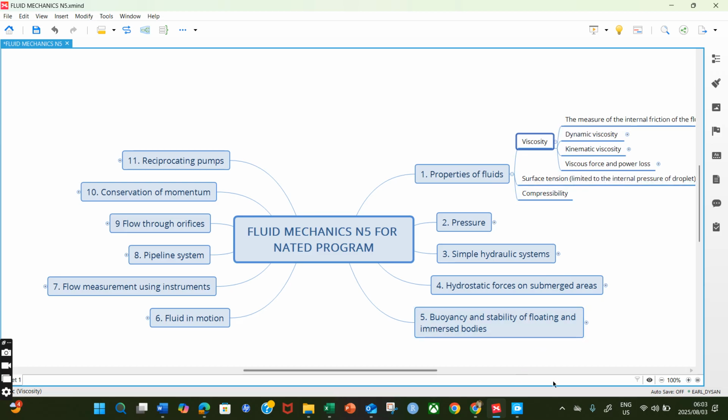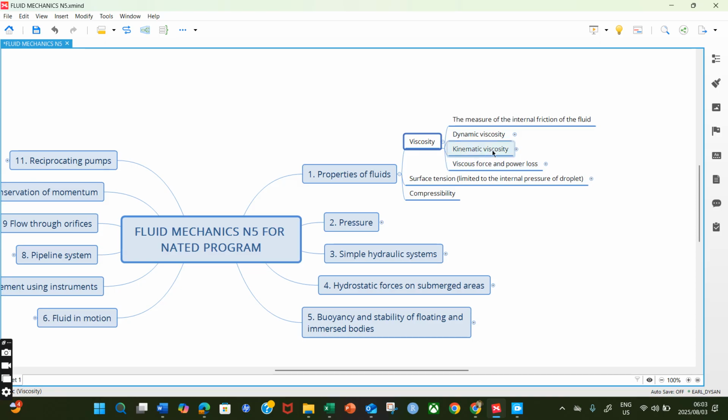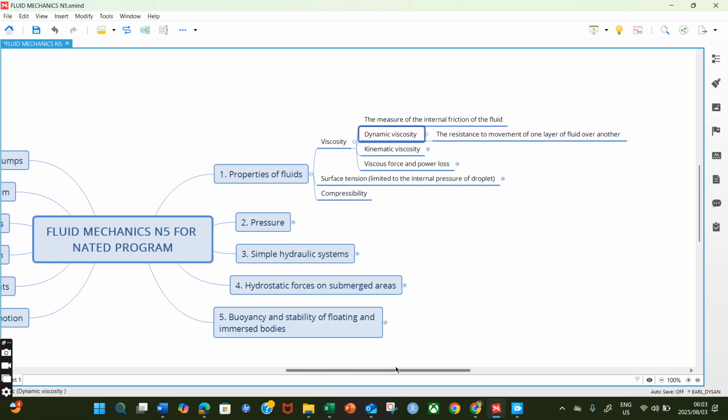Viscosity, as it is defined, is the measure of the internal friction of the fluid. And this is divided into two types: the dynamic viscosity and the kinematic viscosity. Dynamic viscosity is defined as the resistance of the movement of one layer of fluid over another.